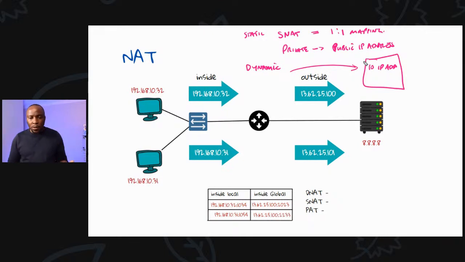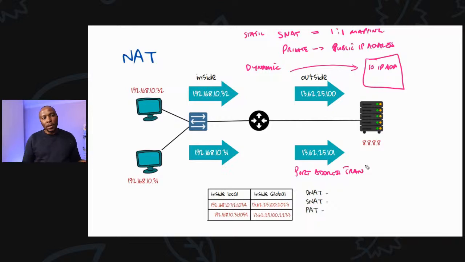And the last one, and this is the most common one, is known as PAT, or port address translation. The reason why this is common is because you can use one IP address to take you to the internet. It doesn't matter how many devices are sitting behind that IP address. Most organizations use PAT.